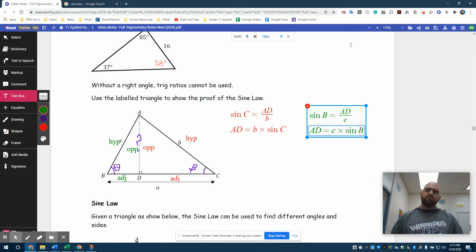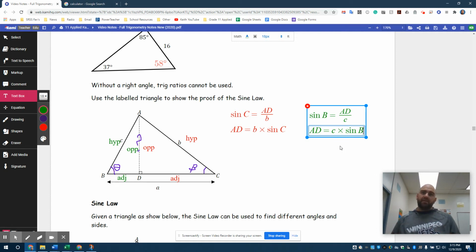I move the ABs over to the left hand side. It's a little easier maybe to see, but I know that in this first case, this side right here will be sine of c times b, and to find the same side, I can do little c times sine of big B.